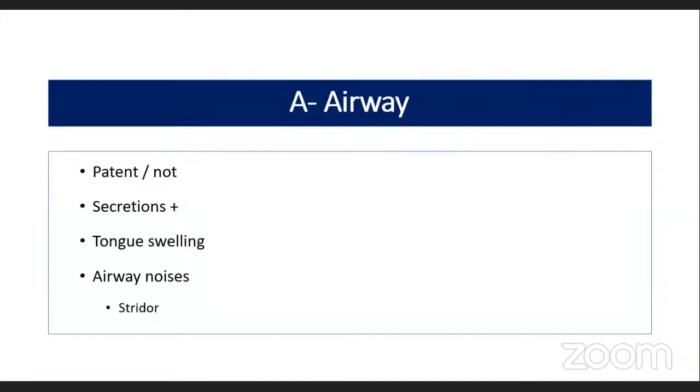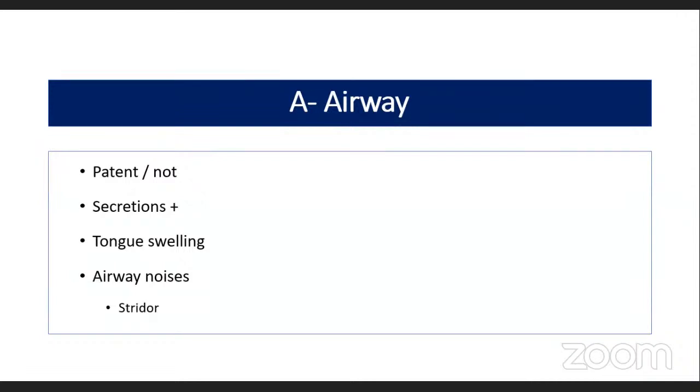For this patient, we approach in a structured manner. We want to look at whether the patient has a patent airway: a fully patent airway, a partially collapsed airway, or a completely obstructed airway. To assess this, we need to talk to the patient.